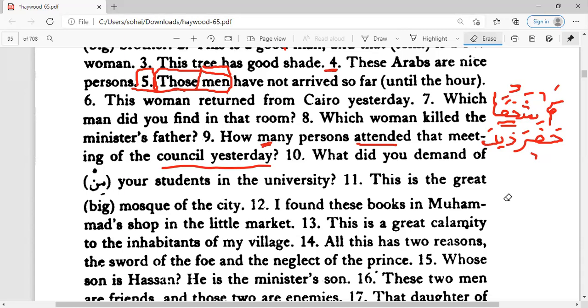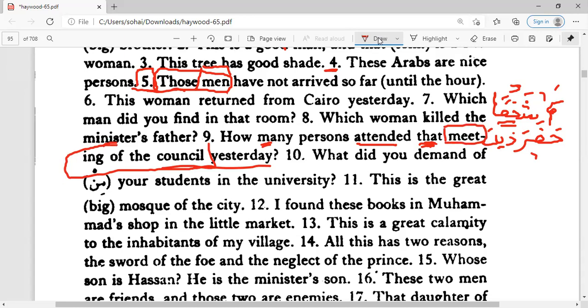The rule we did: what are the two things here? We have that, which is qualifying the mudaf and mudaf ilayhi, right? He says how many people attended that meeting of the council. So meeting of the council is mudaf and mudaf ilayhi, right?